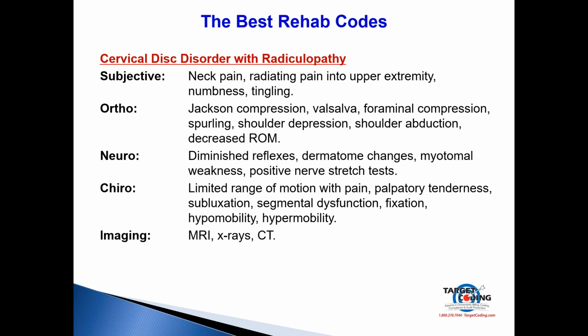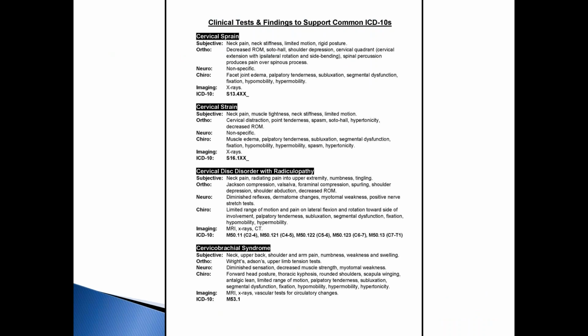There was some myotomal weakness. I checked reflexes. There was limited motion in the neck and segmental dysfunction, subluxation. I have x-rays that show degeneration of the disc, or I have an MRI that shows a herniation. See how nice? That's how you prove what you're diagnosing is correct. That's how you create that breadcrumb trail if anybody comes snooping around.